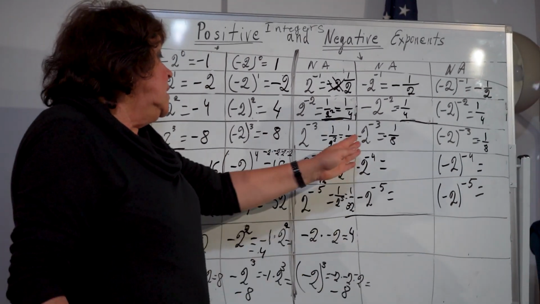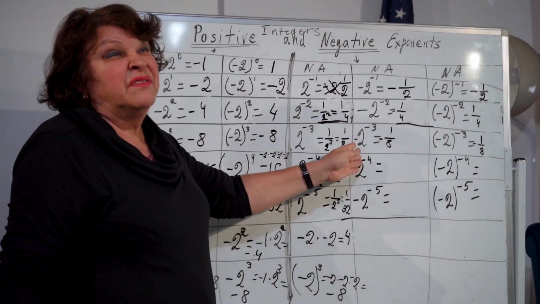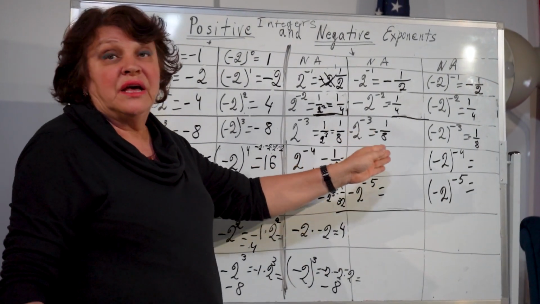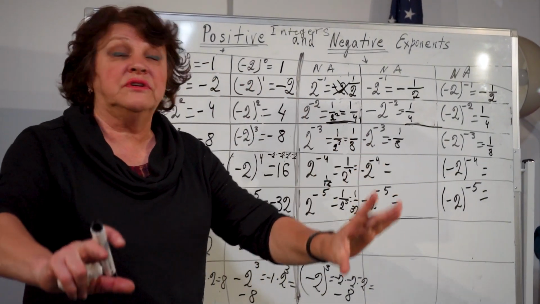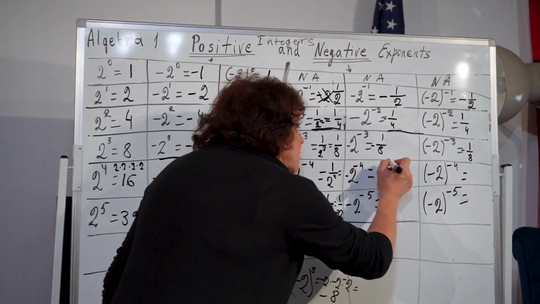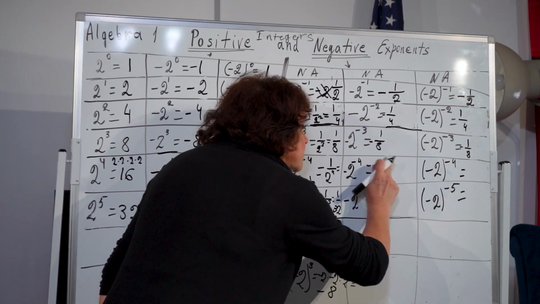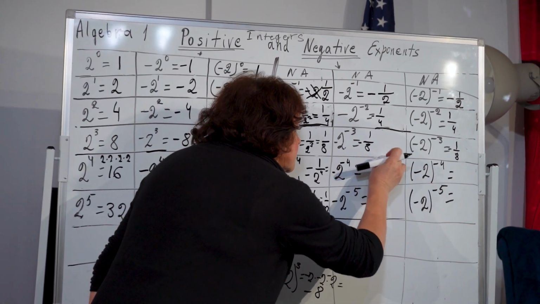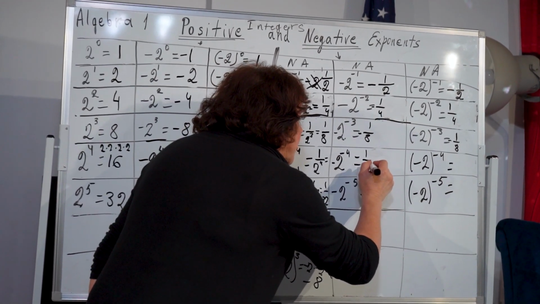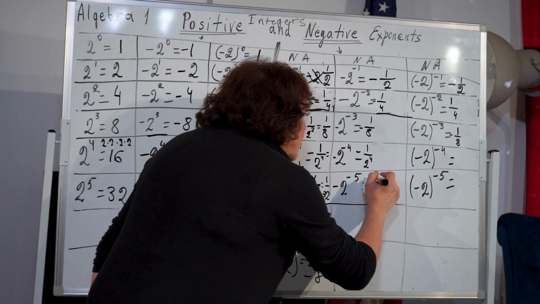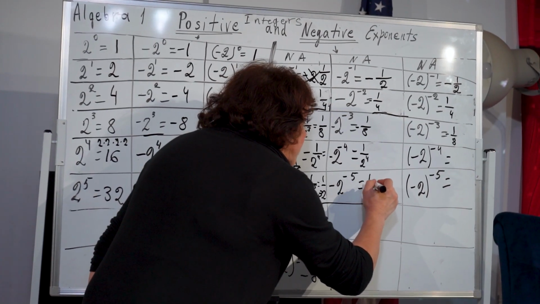Easy. Here you have negative 2 to the power of negative 4. As we said, get rid of the negative exponent. How? You're writing 1 over 2 to the power of 4. Here again, 1 over 2 to the power of 5.